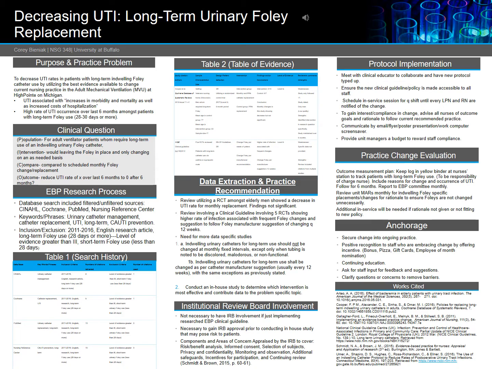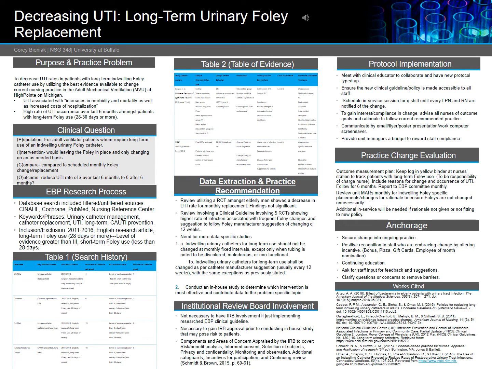A UTI is associated with increases in morbidity and mortality, as well as an increased cost in hospitalization. So the purpose of this whole project is to decrease UTI rates in patients with long-term indwelling Foley catheter use by utilizing the best evidence available to change current nursing practice in the adult mechanical ventilation unit at High Point on Michigan.